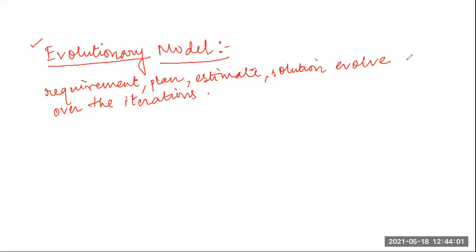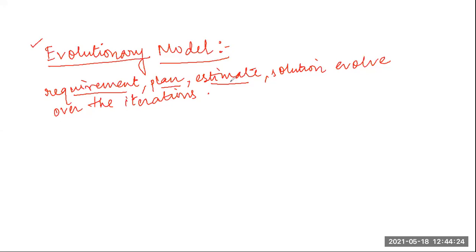But here, from the requirement and planning phase and the estimation phase, everything is evolving. In the incremental model, for the first time, all the requirements, the planning, and the estimations were done in the beginning, and it was frozen. And the development activities were carried on in iterations.